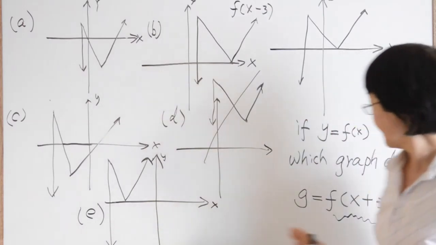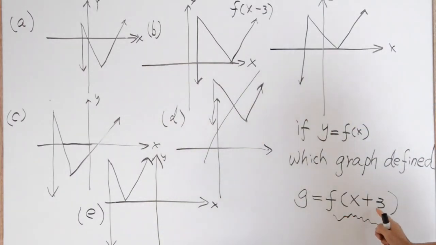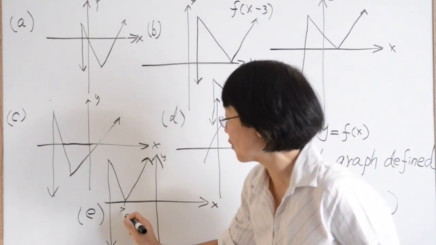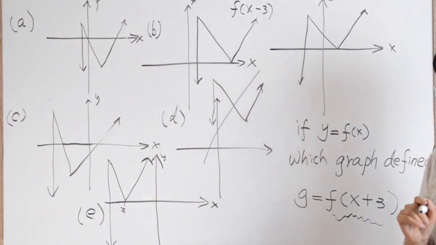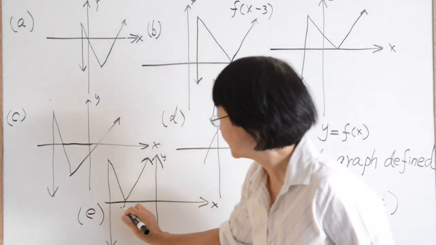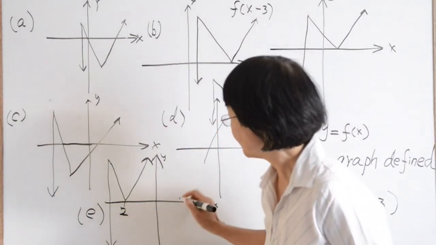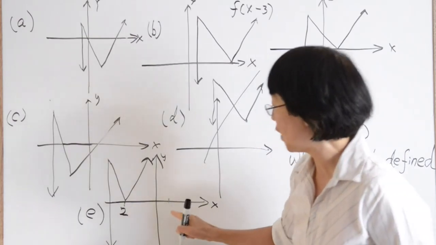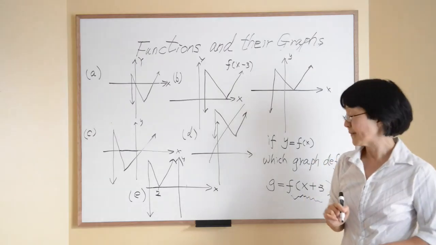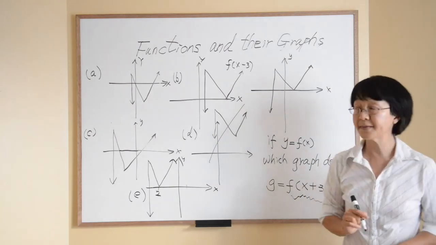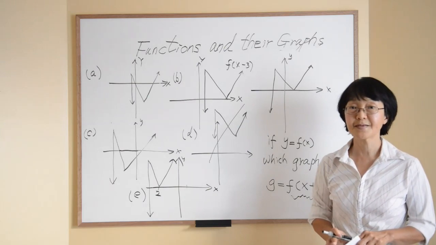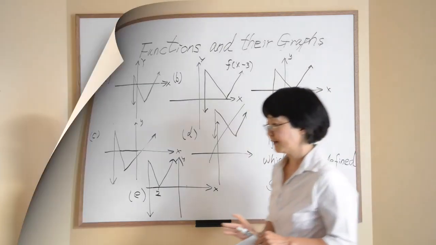This one here seems to be right because it's moving left 3 units. Okay? See that? Actually, this is 2. Because it was here before at 1, so move 3 units is 1, 2, 3. See that? It's pretty easy, right? Good. Let's see the next example.